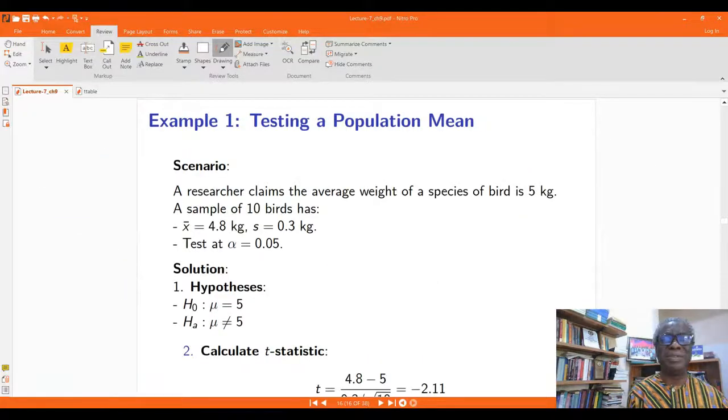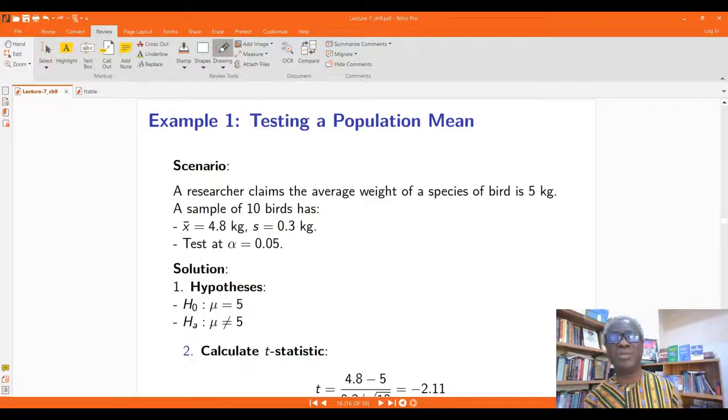So let's take an example of testing a population mean. So we are dealing with a single population. The scenario is that a researcher claims the average weight of a species of bird is 5 kg.